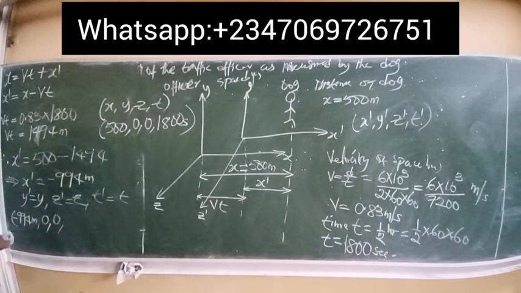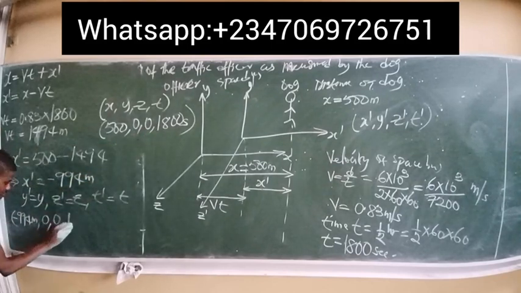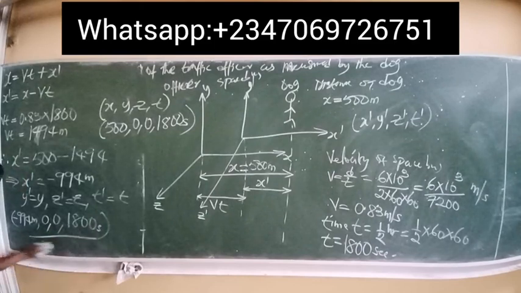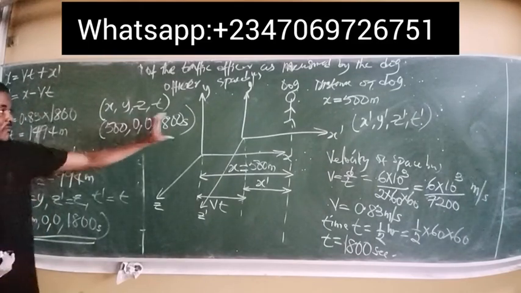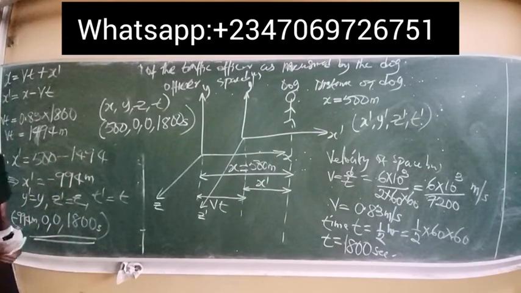And t prime is equal to t, which is given as 1800 seconds. So this is the coordinate of the dog as measured from the observer, and this is the coordinate of the observer, the officer, as measured from the dog. So you simply have these two coordinates.